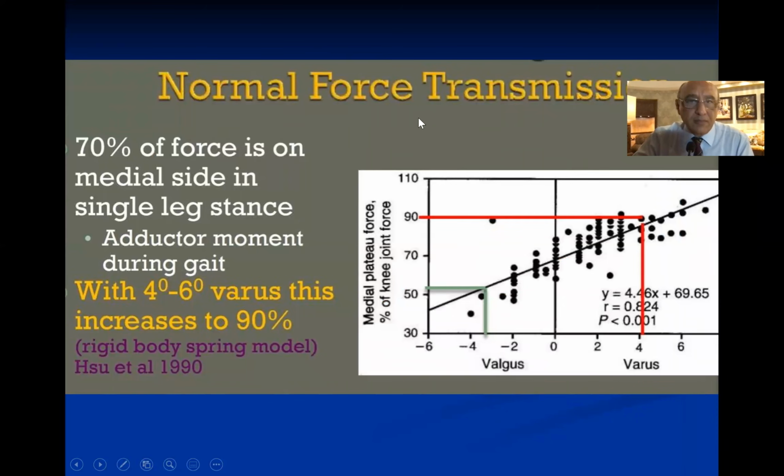In normal mechanics, the medial compartment takes 55% to 70% of force on the medial tibial plateau in the stance phase, because there is an adductor moment during gait. With just 6 degrees of varus, this increases to 90% load on the medial compartment versus 10% on the lateral compartment.